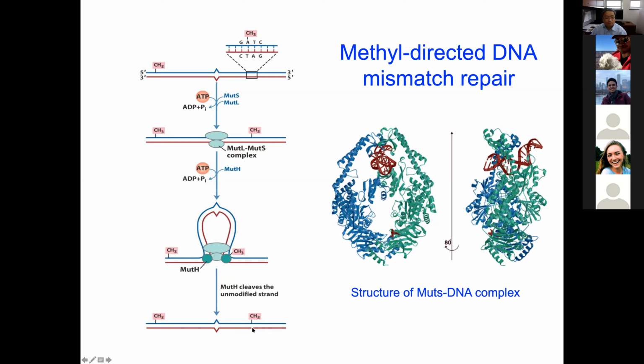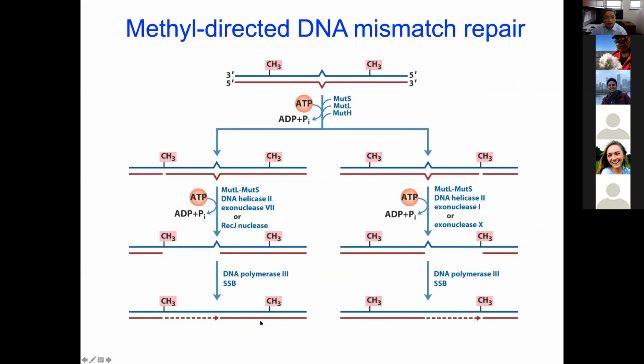Oh, okay. And then it'll put a methyl back on that, or just repair? It will just remove this segment. Once it is cleaved, then a segment can be removed. For example, here, that segment can be removed from the newly synthesized strand. Okay, that makes more sense. Then the DNA polymerase will come in and synthesize another one here. Okay, so because this is 5' to 3', it goes that way.